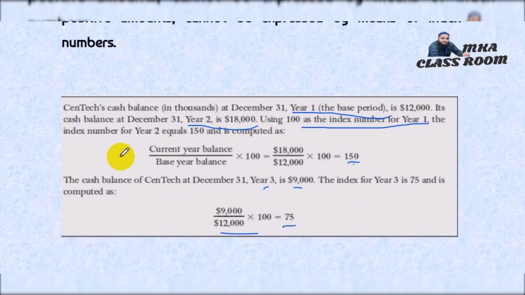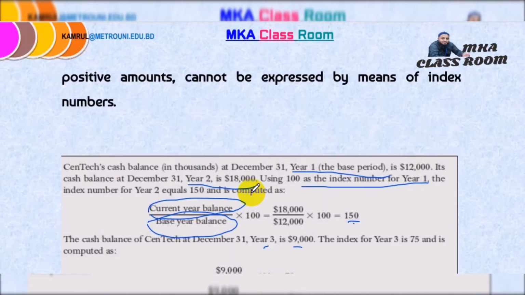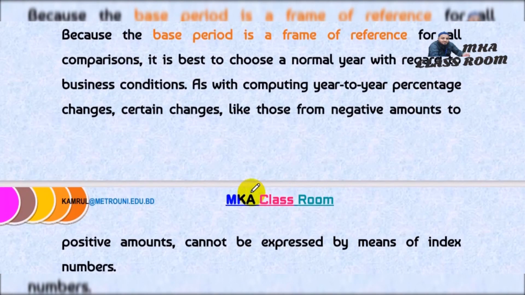So here this is the index number, where basically you take a base year balance and the current year balance into 100, current year balance into 100. So that is actually the index number.